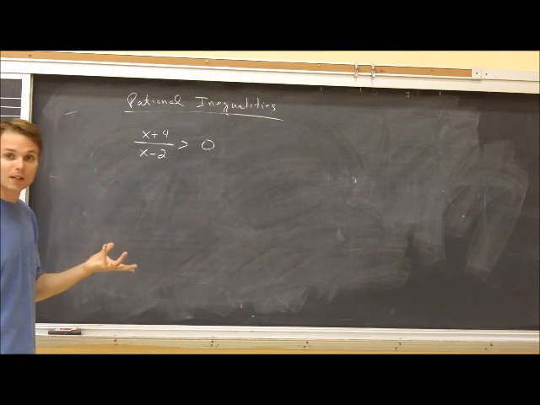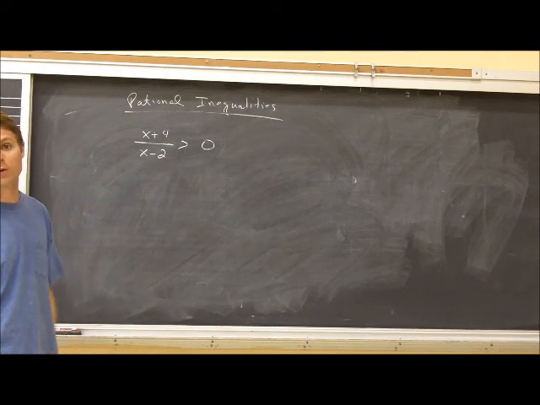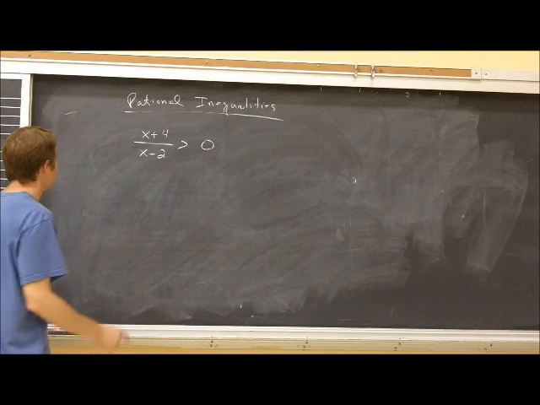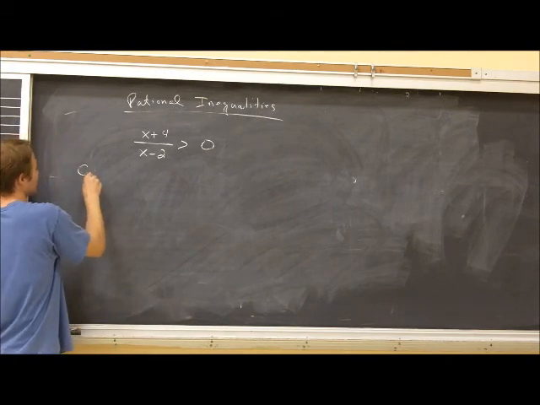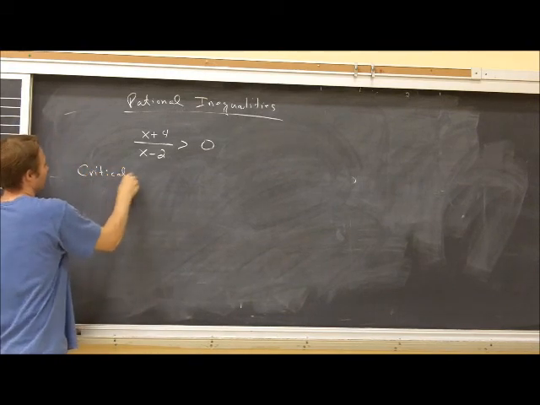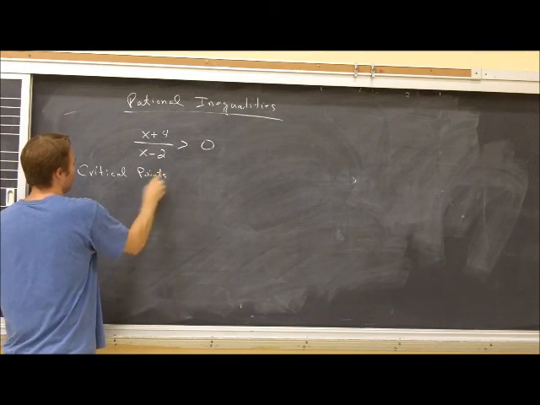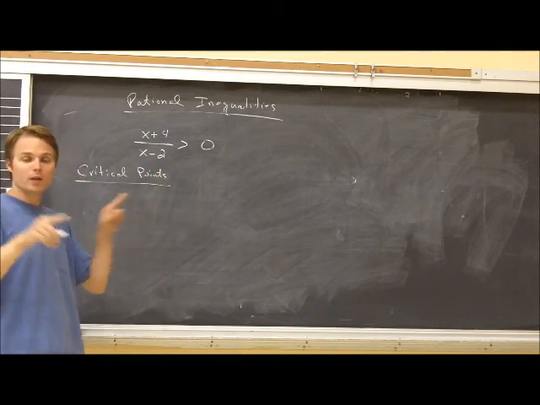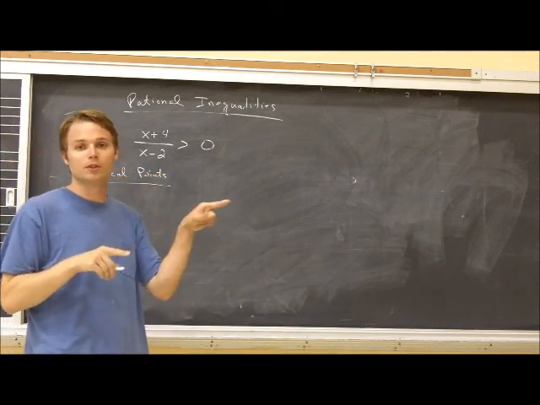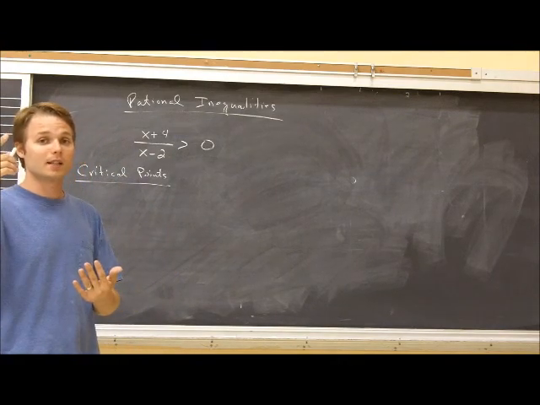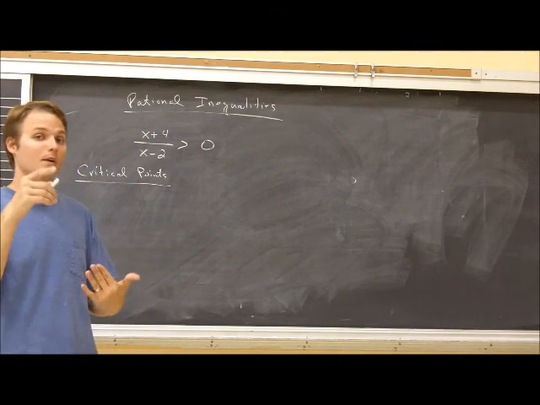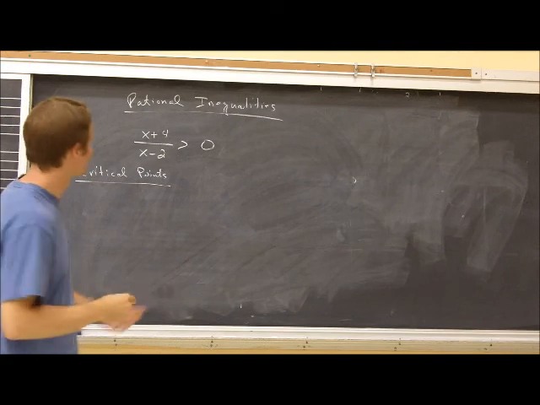Well, we can use very similar techniques that we use to the quadratic functions. Particularly, we can find some critical points, and then we can look all around those critical points on the intervals and see, is this above the x-axis or is it below the x-axis? Is it positive on this interval or negative on this interval?